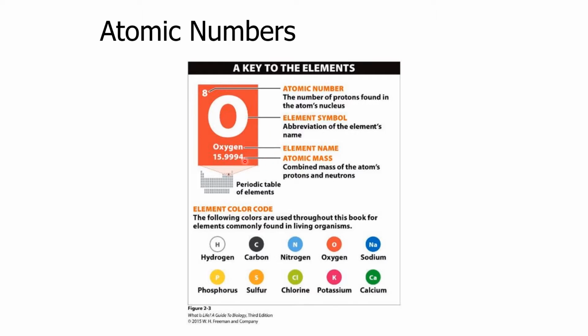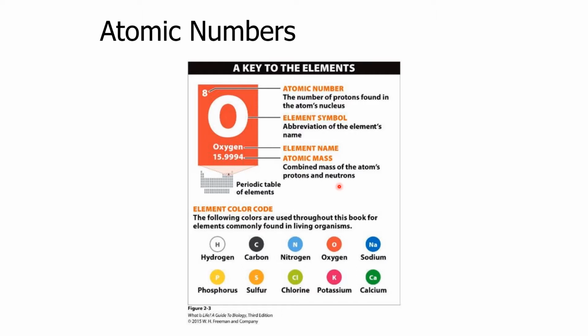Now, what is the number on the bottom? The number on the bottom, we refer to as the atomic mass. The atomic mass is the addition of the number of protons and the number of neutrons. So you add how many protons you have and how many neutrons you have to get that atomic mass.